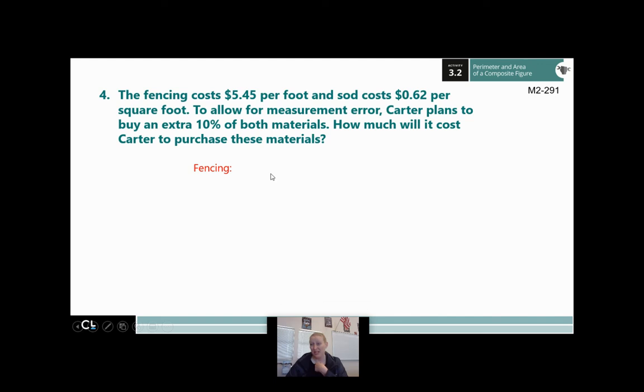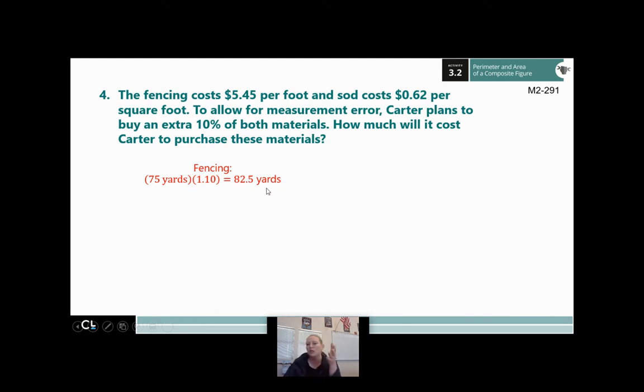Since I'm going to get an extra 10%, I'm going to take my 75 yards and I'm going to multiply it by 110%, also known as 1.10. All right. So we're not doing 100% of the 75 yards. We're doing 110% just in case we made mistakes. Carter's a wise man. And when I multiplied 75 times 1.10, I got 82.5 yards.